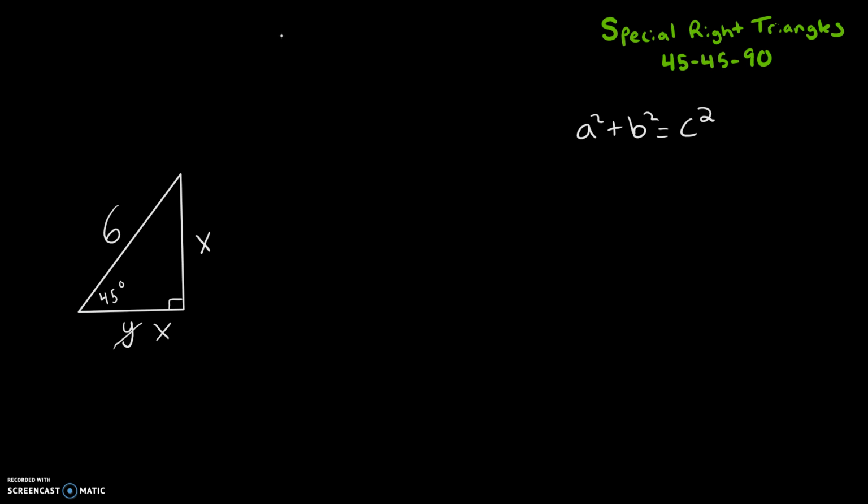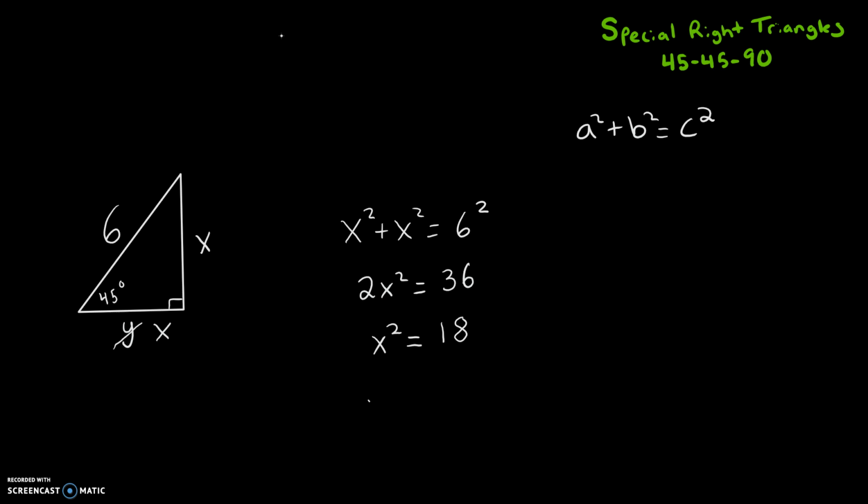So we could set this up where we will say x squared plus x squared is equal to 6 squared. X squared plus x squared is 2x squared is equal to 36, which is 6 squared. Divide both sides by 2, and we get x squared is equal to 18.